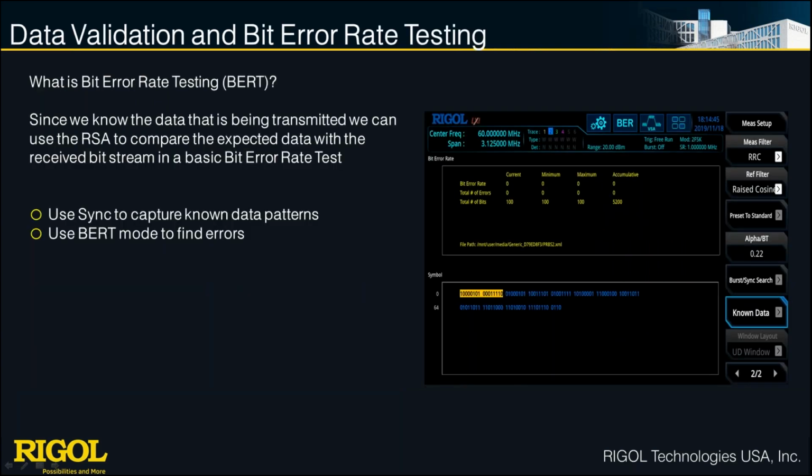Now we can verify that, lastly, by using a bit error rate test mode. So what we're able to do here is we took that data file that we started with, that we pulled off of the oscilloscope using the decoded bus bits. We pulled that bit pattern off and loaded it into the spectrum analyzer as known data.